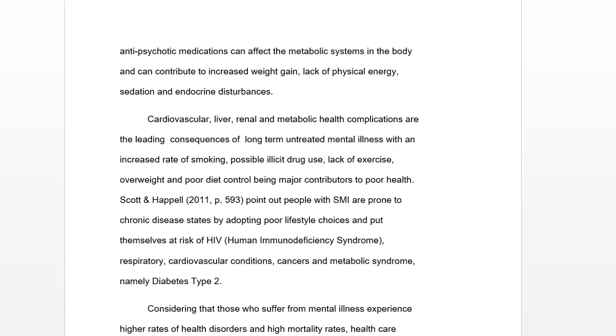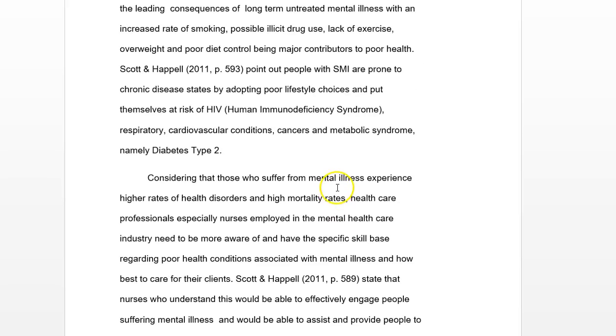So that's the sort of thing we're looking for. Not really anything about this sort of stuff. You might make one sentence demonstrating that you've read some other stuff to see if this is a good literature review, but then you need to say it's a good literature review, basically.